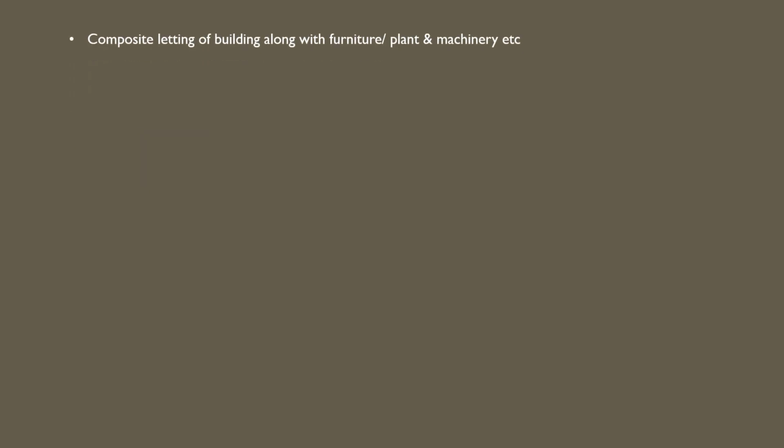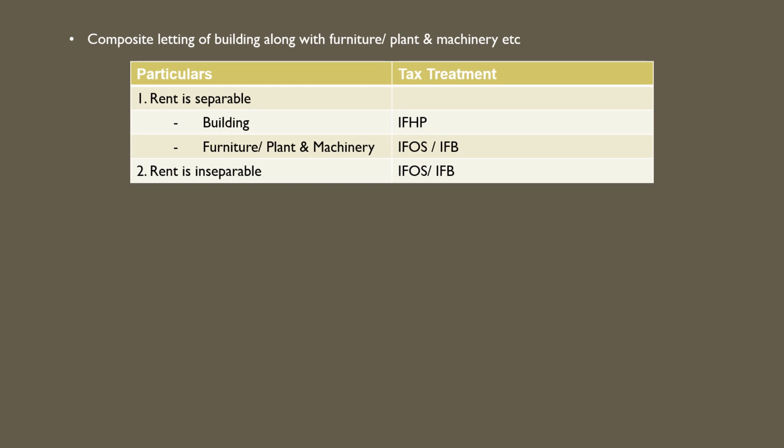Composite letting of building along with furniture or plant and machinery or any other facility shall be taxed under the following. If the rent is separable with regards to building, then it will be taxed under income from house property.